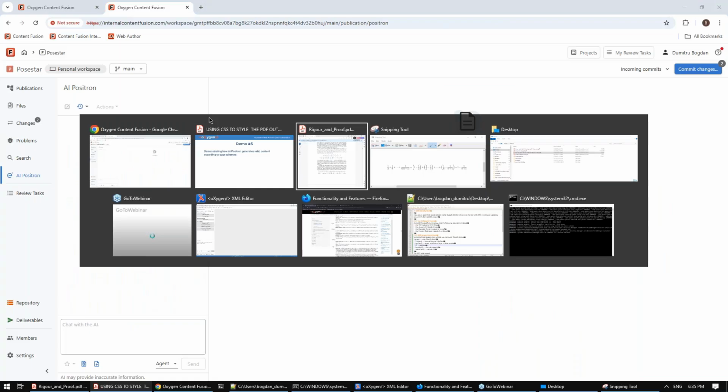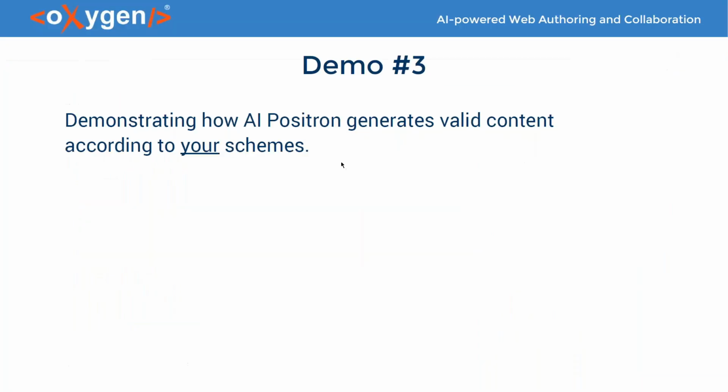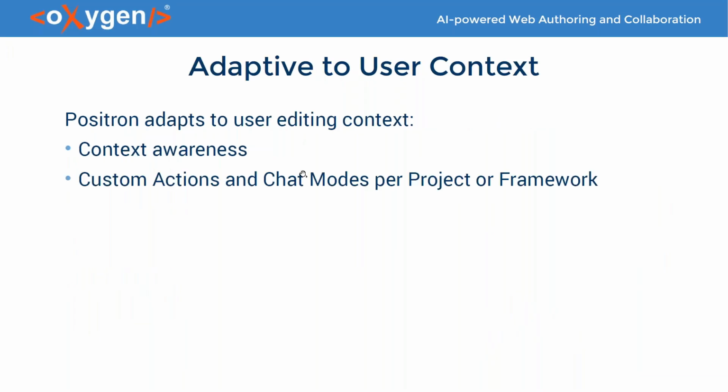Okay, let's move forward. Next. And now, adaptive to user context. Now that I've established that you can use Positron to write text and markup in the current document, I have to say that Positron knows more than just the current document.